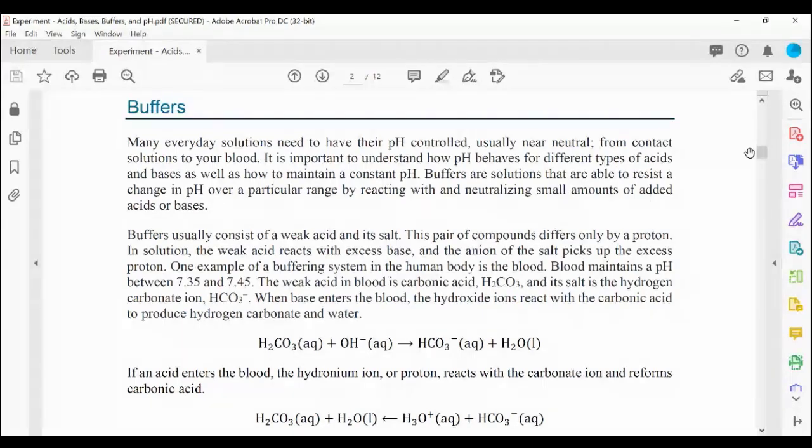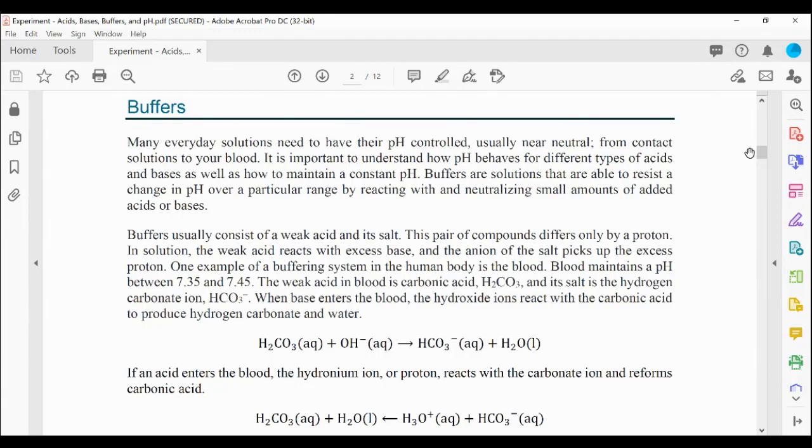An important buffer in the blood is a mixture of carbonic acid, H2CO3, and bicarbonate, HCO3 minus.